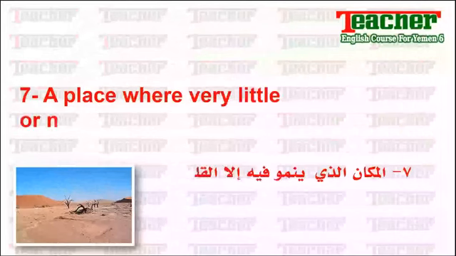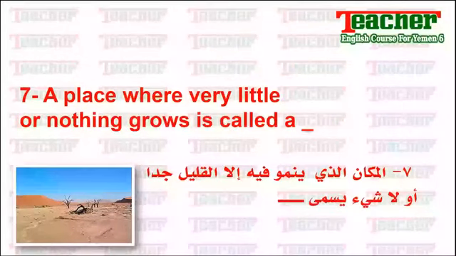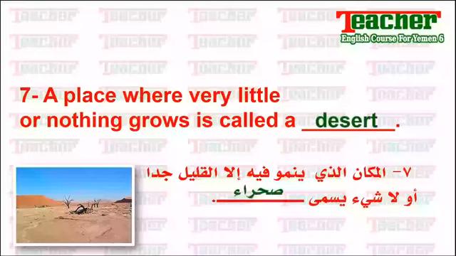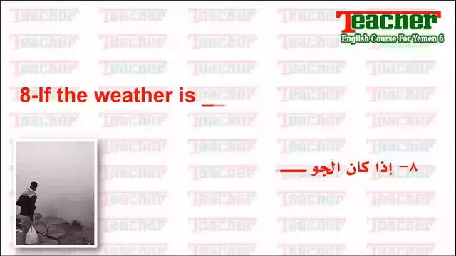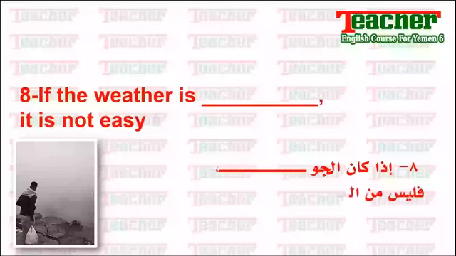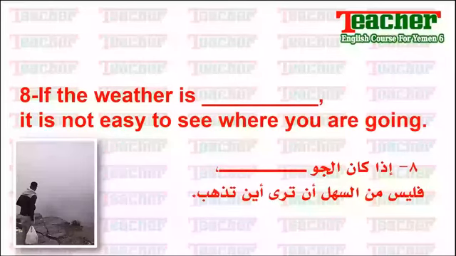A place where very little or nothing grows is called a desert. 8. If the weather is misty, it is not easy to see where you are going.